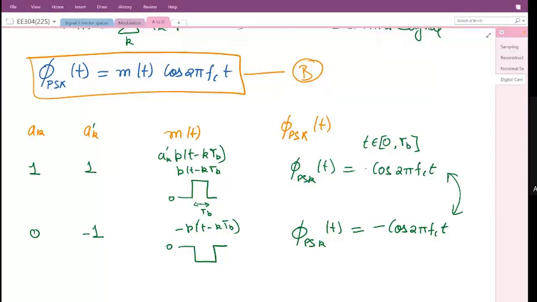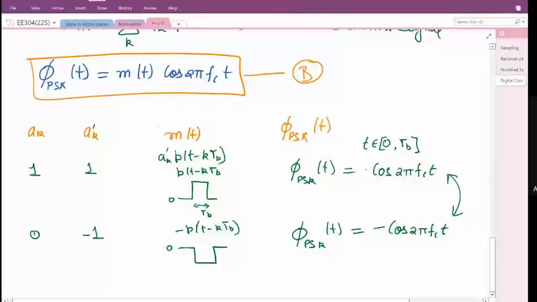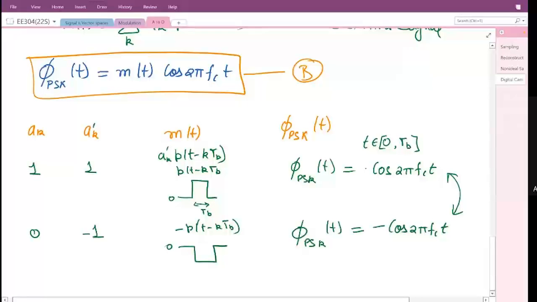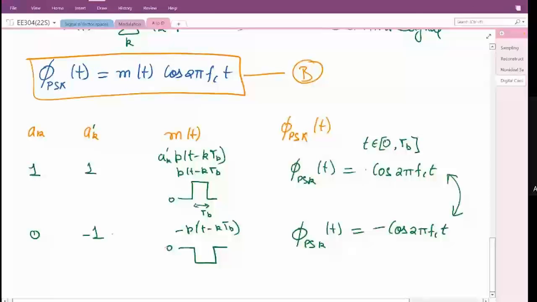And that change in the phase, instead of actually changing the phase, what we have done is the change in AK prime itself, that means in the message signal itself. The mapping is being done in the message signal itself. Otherwise, we can do the same in terms of frequency as well. We could have added the two signals if there was no existence of AK prime.